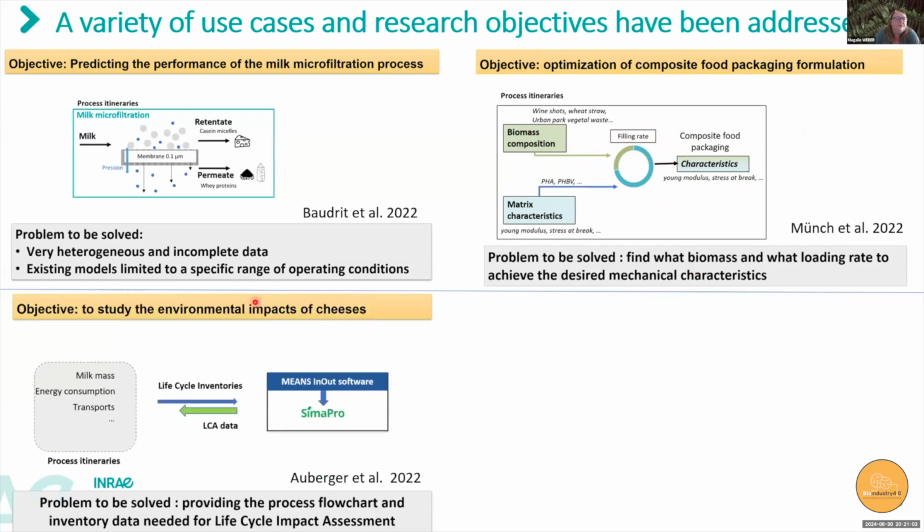And finally, the third example is to study the environmental impacts of cheeses. This is about interoperability between two information systems, namely our knowledge base, which provides the process flow charts and the life cycle inventory data needed for the life cycle impact assessment, which is made by using another information systems tool, the Means-In-Out software.